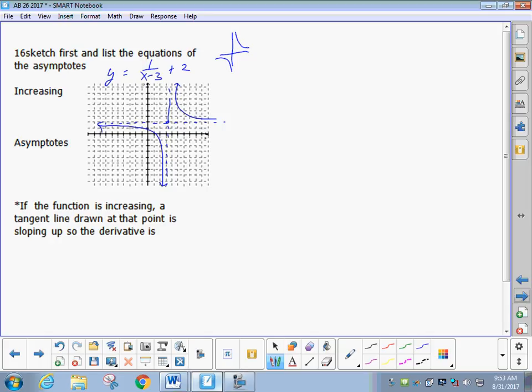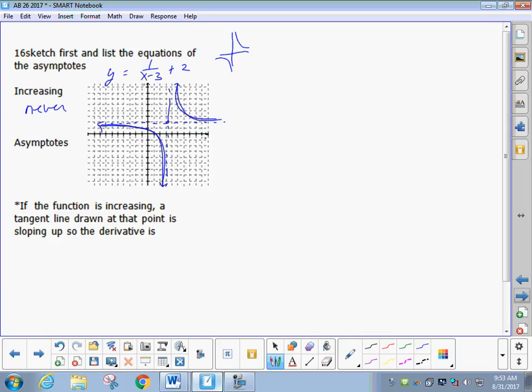Cool. All right. There are 2 asymptotes there. Sorry. Let's do increasing first. Where is it increasing? Never. Okay, remember it goes left to right, do the y's get bigger? Well, if I trace along this curve, left to right, the y's are definitely getting smaller. So the answer is it's increasing?